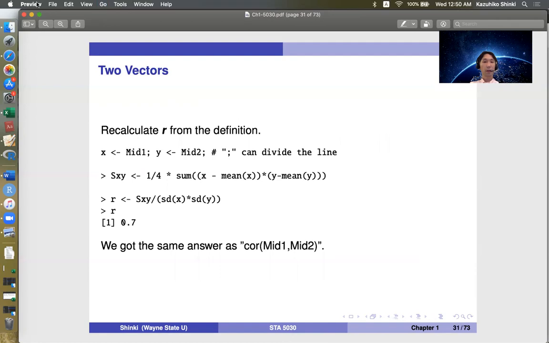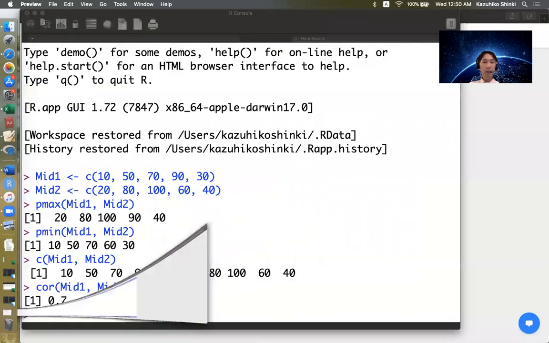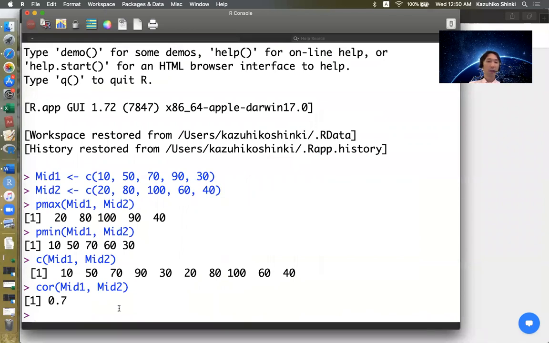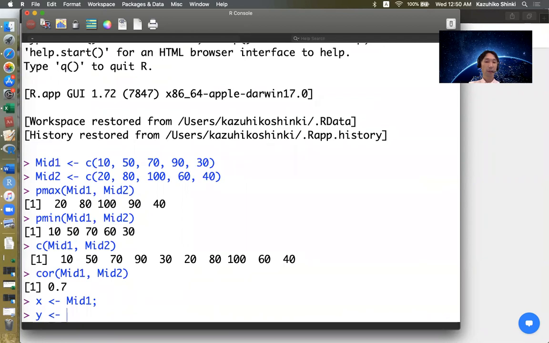The correlation coefficient is calculated by just this cor function in R, but for practice purposes, I want to explain that this can also be done by more basic functions. For example, just for simplicity, we define x as midterm 1 and y as midterm 2.